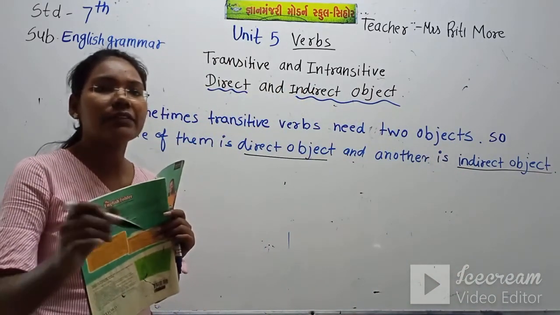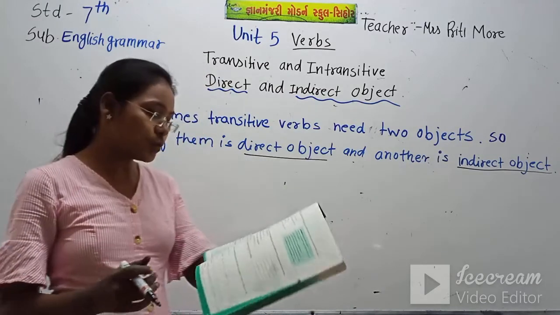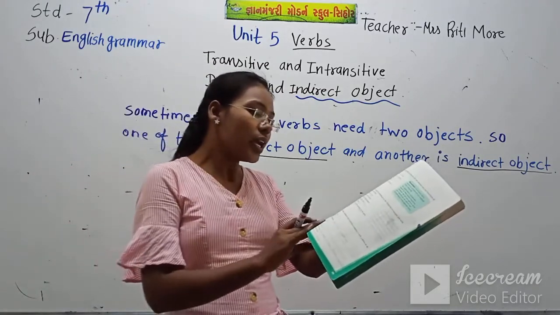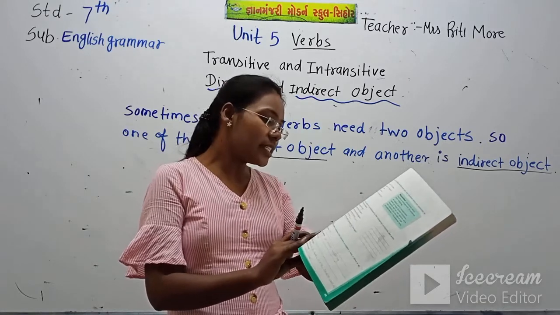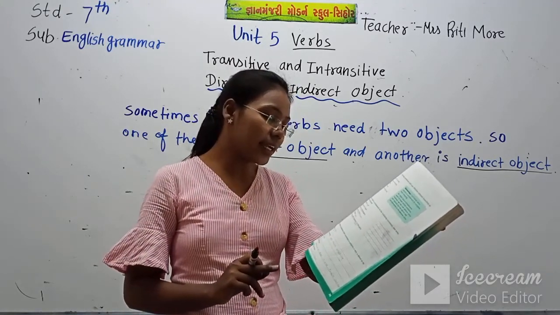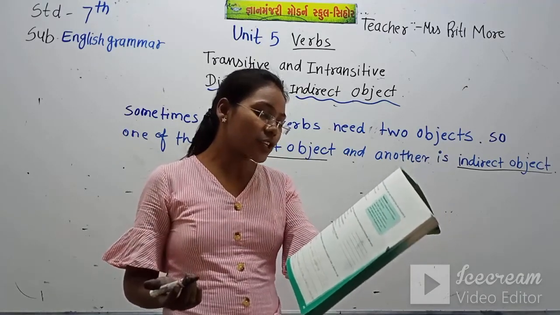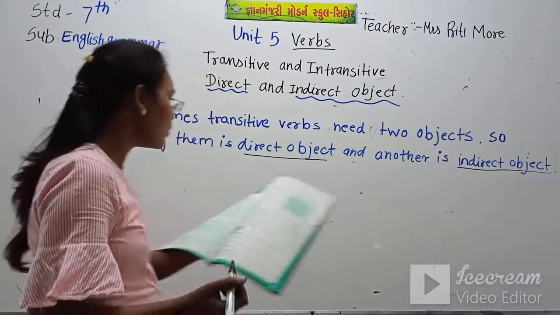But how do we identify the direct object and the indirect object? How do we identify whether it is a direct object or an indirect object? Let's see the difference between them. The direct object directly receives the action of the verb.